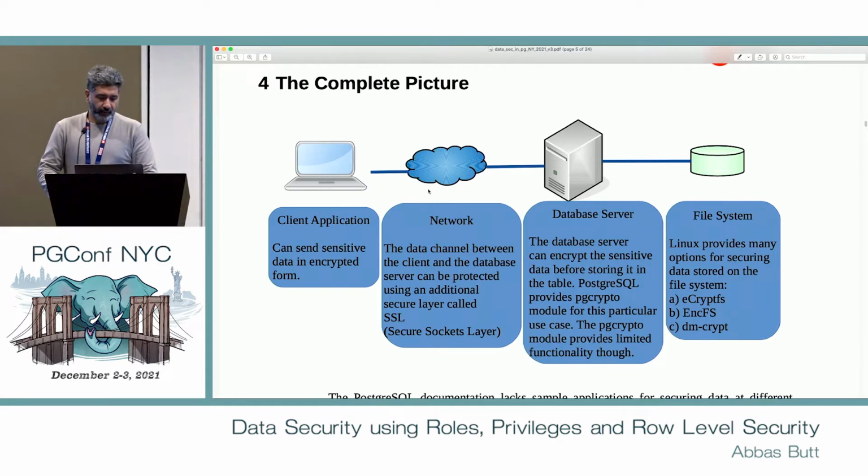So you can do that as well. All the information that is sent from the client application to the database server would be encrypted, and nobody will be able to know what is happening, even if they are listening to the public network. Even if this is a public network and you are using SSL, nobody would be able to know the communication between the client and the server.